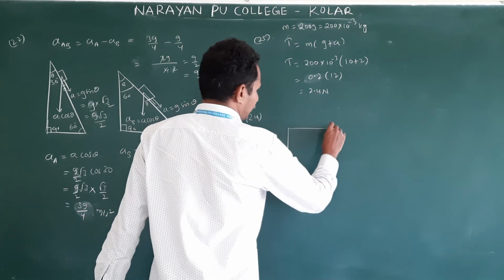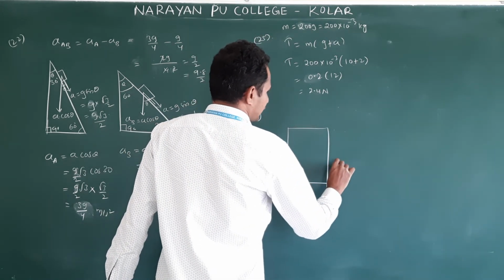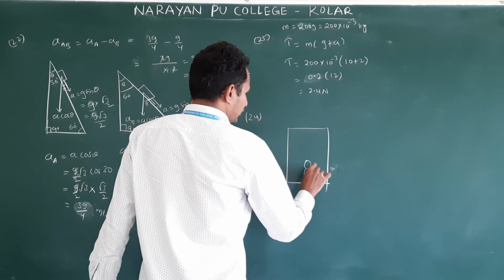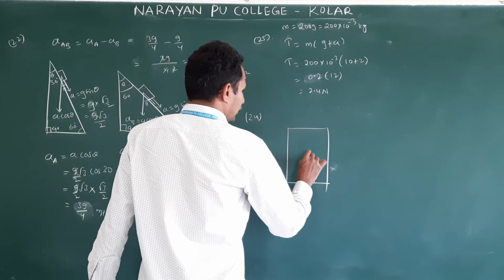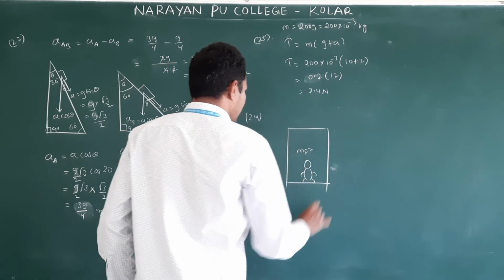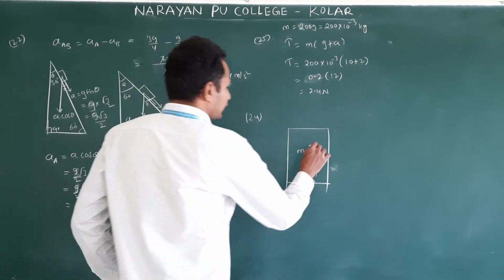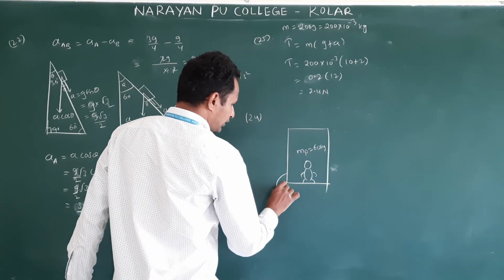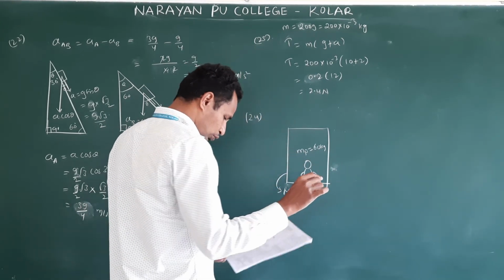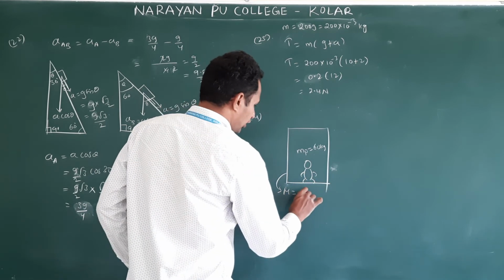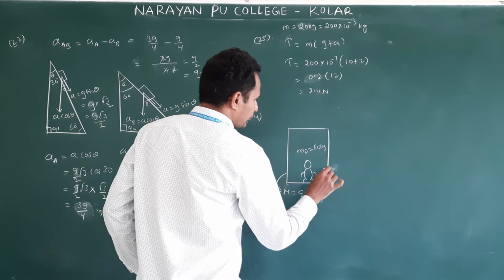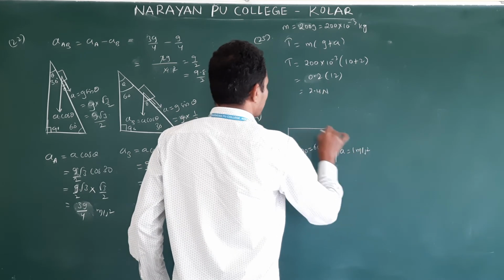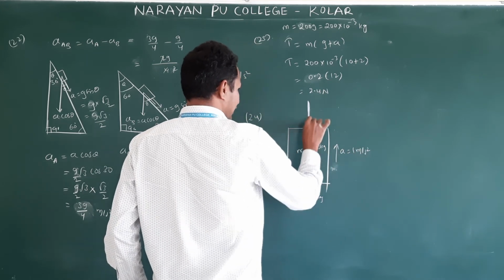Now this is the lift, with mass capital M. Here there is a person, mass MP is equal to 60 kg. The cabin mass capital M is 940 kg. It is going up with an acceleration 1 meter per second square. They are asking the tension in this.